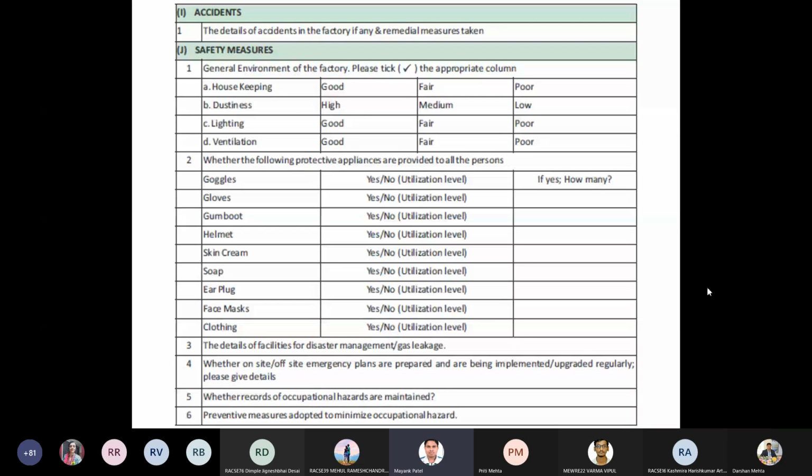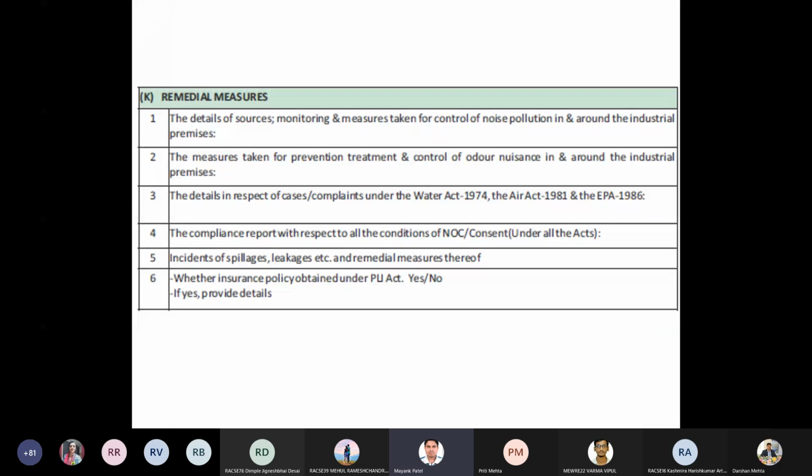Then preventive measures adopted to minimize occupational hazards, if any are there, then the details thereof you need to mention. So environmental audit report covers all these aspects, various aspects under various sections. So all these details related to industry will be covered.